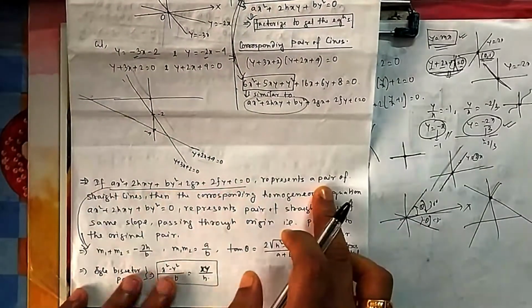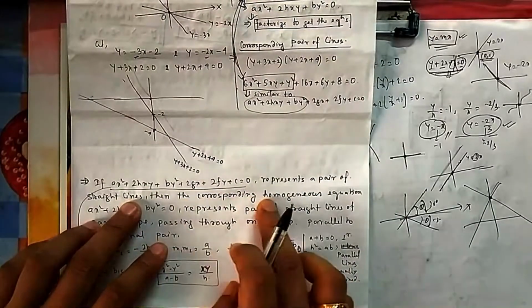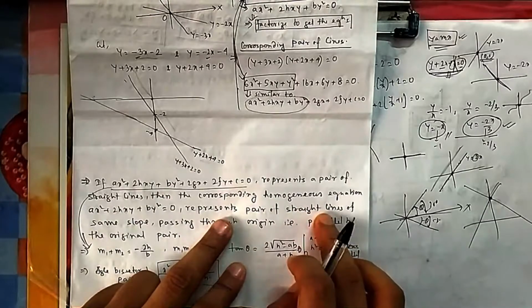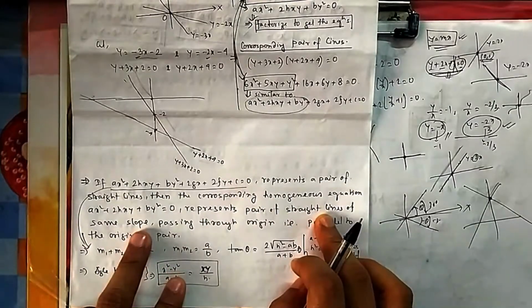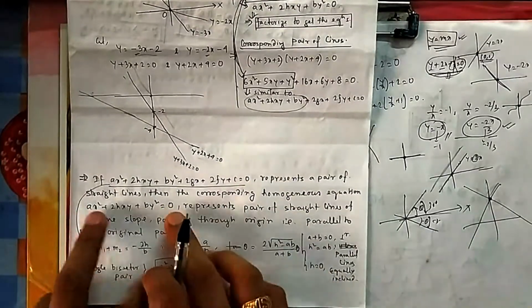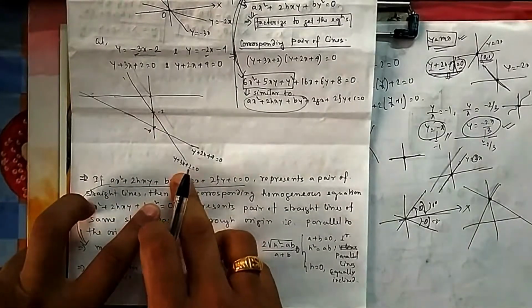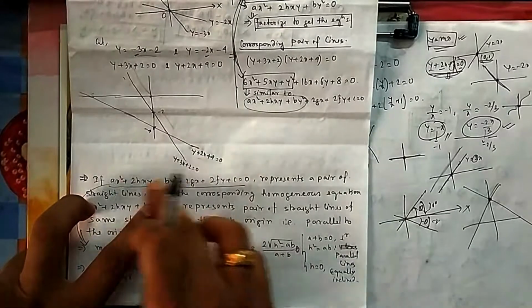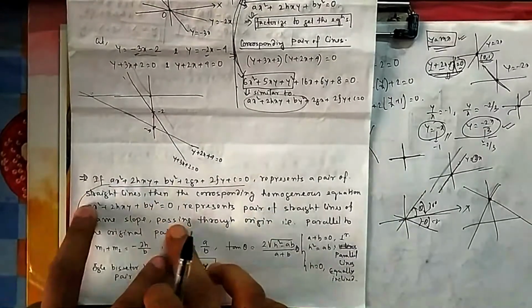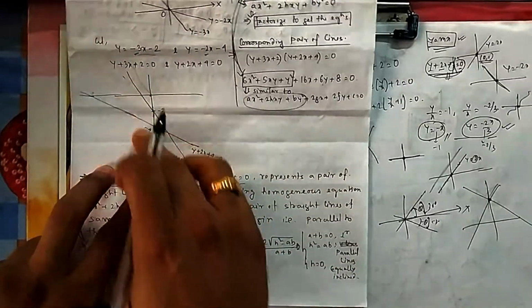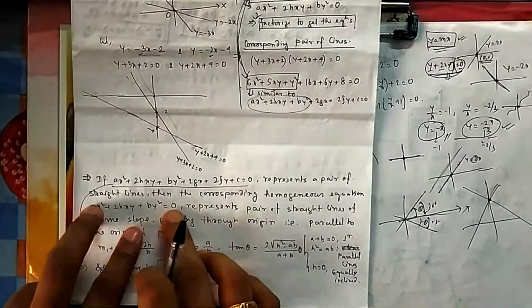So that is the conclusion I am saying here with this example. If this represents a pair of straight lines, then the corresponding homogeneous equation, that means up to this much, will represent a pair of straight lines of the same slope but passing through the origin. So this homogeneous portion will represent lines parallel to these lines, with the same slope, but the difference is it is going to pass through the origin, and here it can pass through any point, but it will be parallel to the line that you got from here.